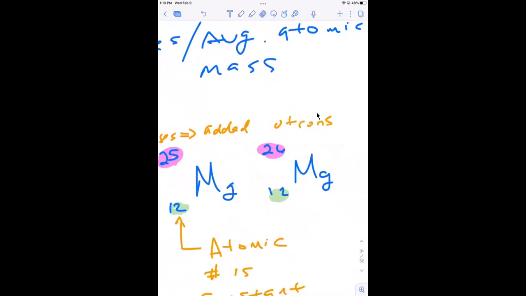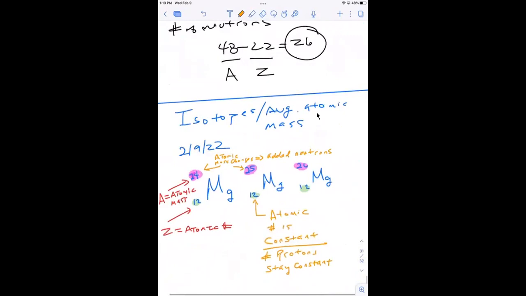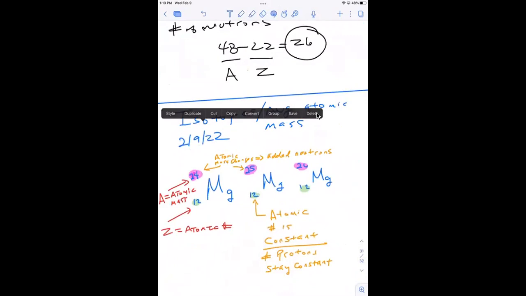So when we change that top number, that atomic mass number, it means we've added neutrons. We don't touch the protons, and the electrons don't have enough mass to contribute overall to the atomic mass. So anytime you're dealing with a change in atomic mass, you're dealing with a change in the number of neutrons in addition to the protons that are already present.